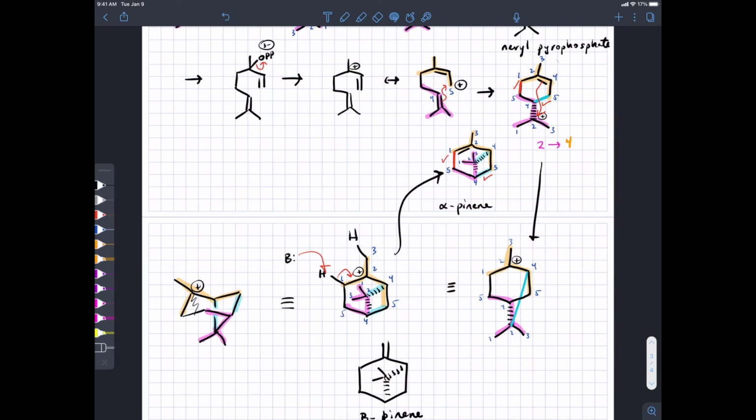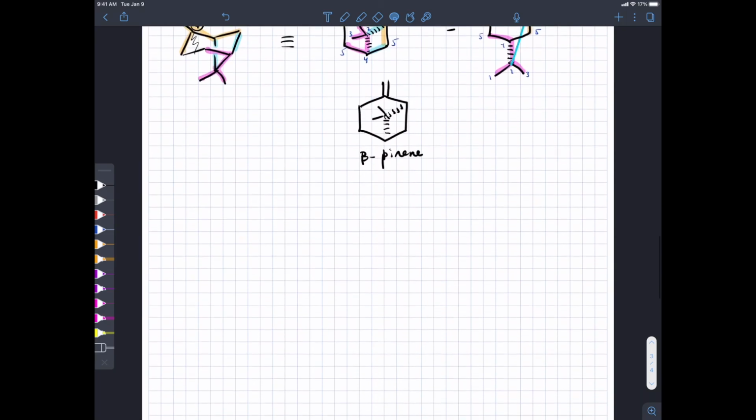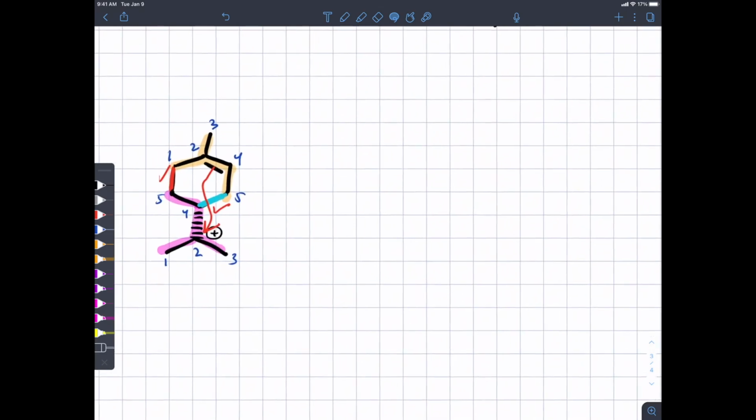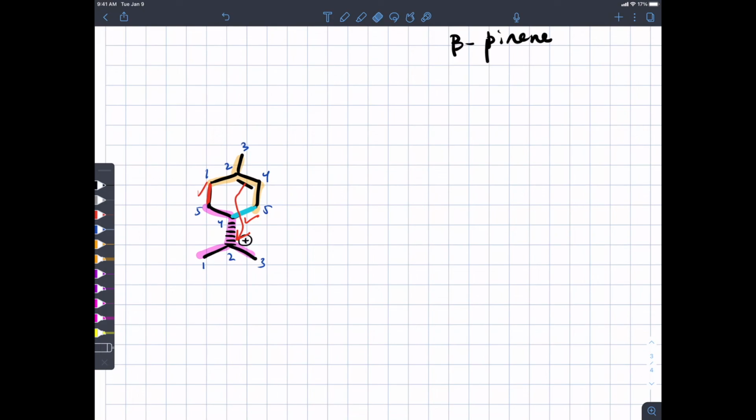So that's fun. I want to show you some other things that can happen. To do this, we're going to raise the specter of an old friend from 351, that is the 1,2 hydride shift, carbocation rearrangement. If you do the 1,2 hydride shift, you convert that carbocation into another one.